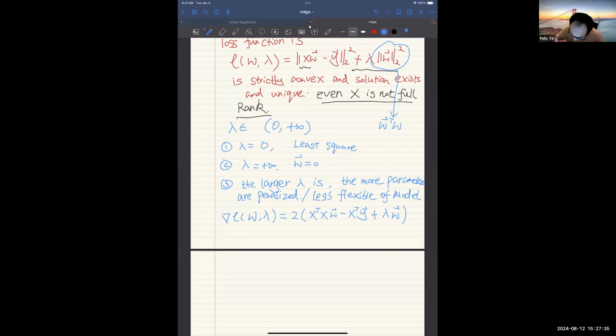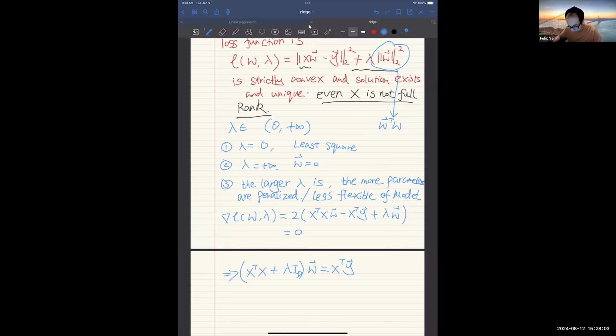So we set this to 0. This tells us we can rewrite things as X transpose X plus lambda times the identity, multiplied by W, equal to X transpose Y. This identity is of size D by D.